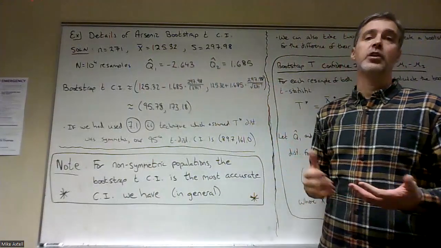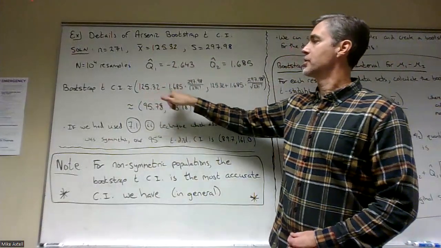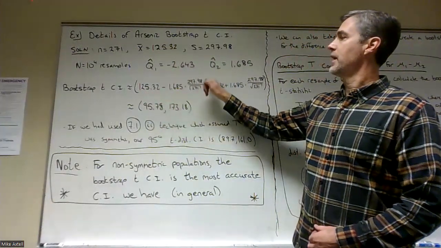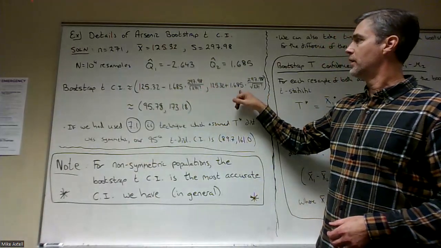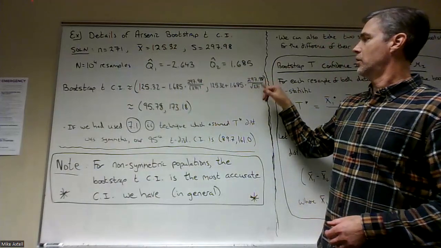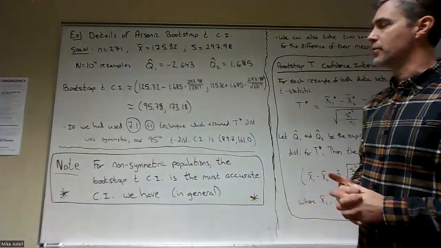And thus, we were able to construct our bootstrap confidence interval by taking the sample mean minus Q2 times S over root N, and then the sample mean plus Q1 times S over root N, and that ground out to 95.78 and 173.18.